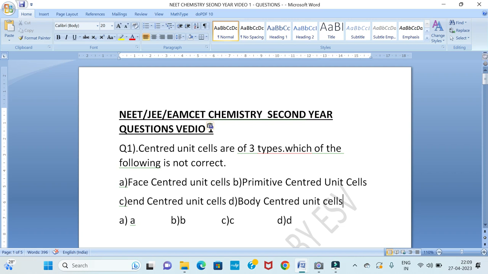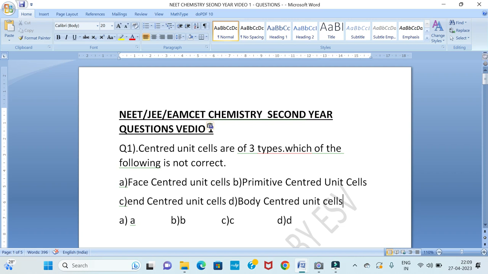You have to remember it like that. So how to remember this? You take the first letters of the options. A, C, D is correct. Three types: face centered, end centered, body centered.